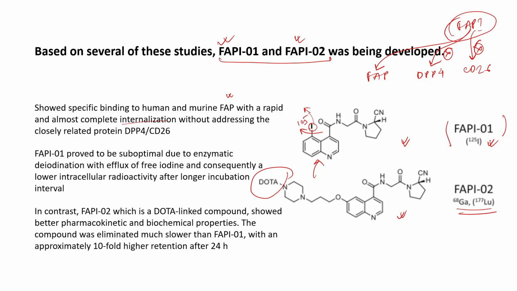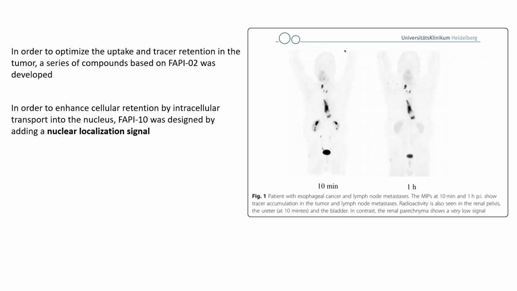However, when we started doing clinical studies, FAPI2 showed great uptake in the initial phase, and up till 1 hour the retention of the tracer is very good. But right after 1 hour, retention is very poor. It keeps on eliminating the tracer.